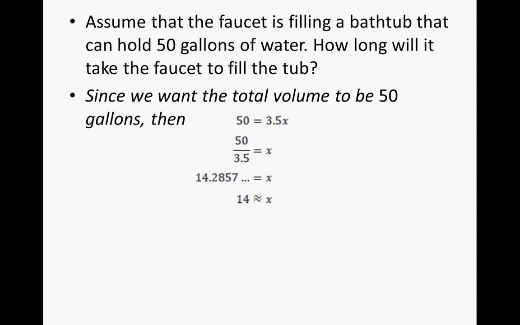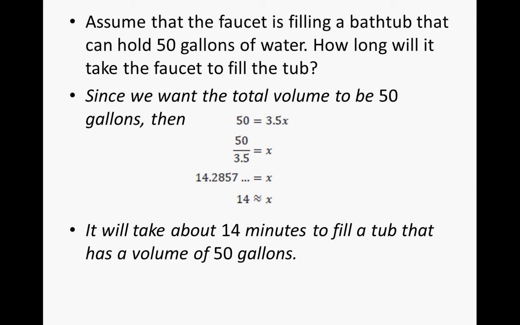In order to isolate x, since we want to know what number multiplies by 3.5 to get 50, we do the inverse, or divide. 50 divided by 3.5 comes up to 14.2857, and it continues on and repeats. So in rounding it, we would get x is approximately 14 minutes. So it'll take about 14 minutes to fill a tub that has a volume of 50 gallons.